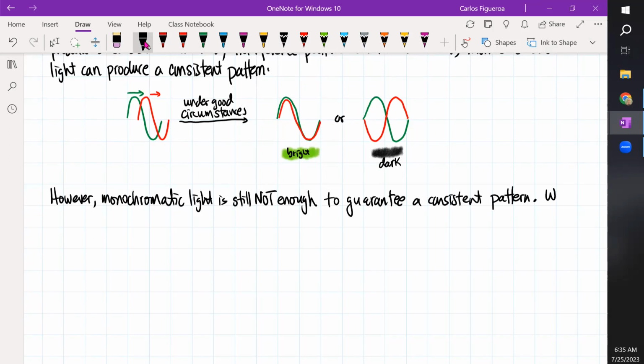And the question is why is that? Now, what we'll do here is let's use an old incandescent light bulb. Why? Because it's a little bit easier to explain. So consider an old incandescent light bulb.